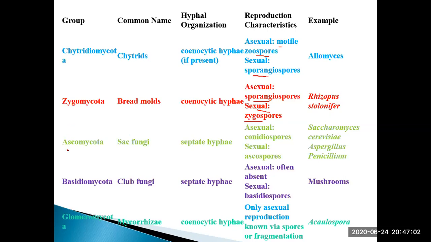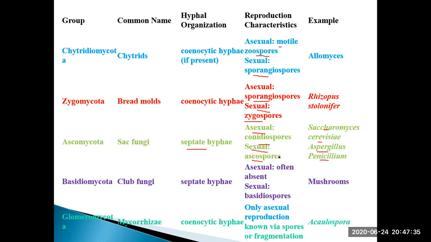Then our third phylum is called Ascomycota. Its common name is sac fungi, and their hyphal organization is septate hyphae. If they reproduce asexually, it is called conidiospores. If they reproduce sexually, it is called ascospores, and these ascospores help in sexual reproduction. An example like Saccharomyces cerevisiae is mostly for asexual reproduction, and for sexual reproduction the example will be Aspergillus, Penicillium.